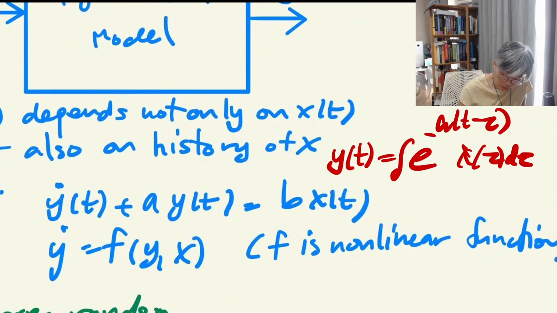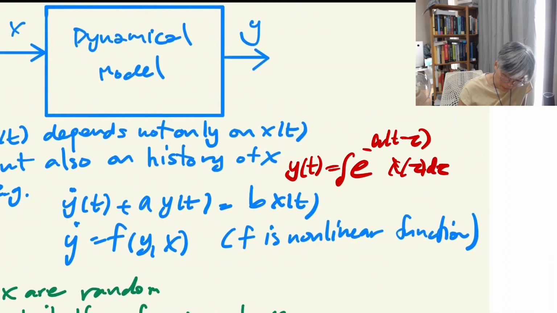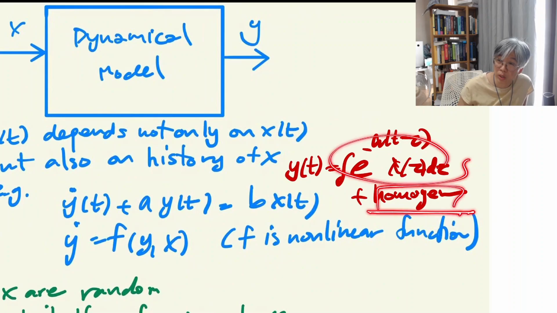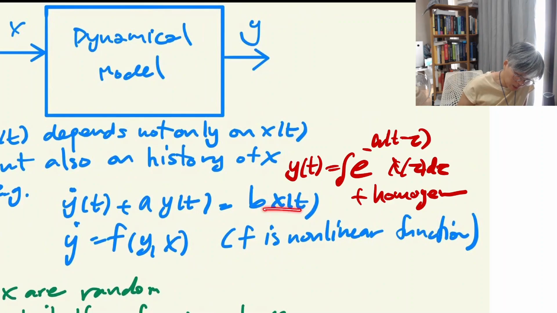I'm not sure if you follow this, but please review that. Your solution depends on two terms: the homogeneous solution and the particular solution. For the particular solution, of course, it depends on the signal x(t), but this is a convolution between what we call the state transition matrix, or state transition function, and the input x.